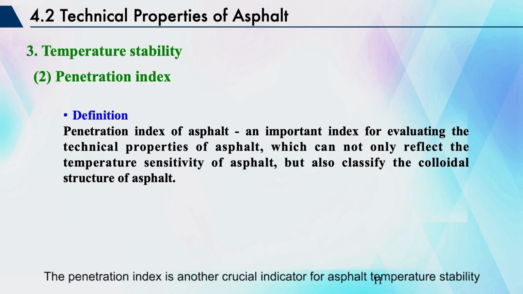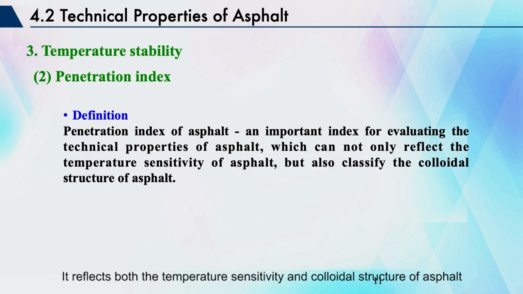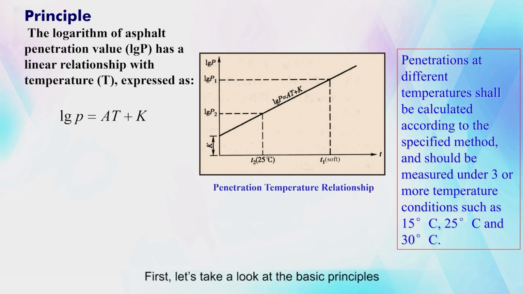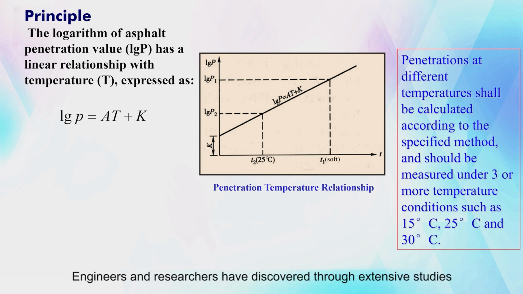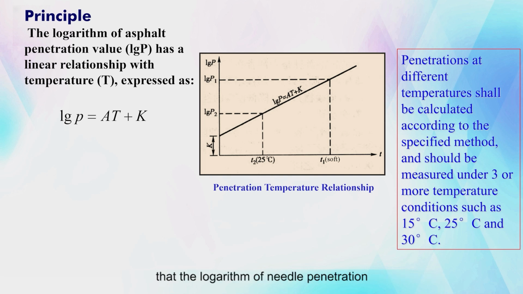The penetration index is another crucial indicator for asphalt temperature stability. It reflects both the temperature sensitivity and the colloidal structure of asphalt. First, let's take a look at the basic principles. Engineers and researchers have discovered through extensive studies that the logarithm of needle penetration has a linear relationship with temperature.